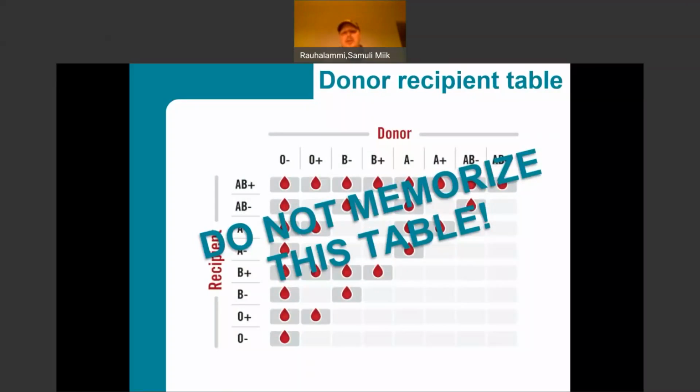Sometimes my students are really eager and go through the trouble of memorizing these. Please don't do that. Don't make your life more difficult than it has to be. What you have is me to help you avoid that. So rather than memorizing a table, we'll learn how to understand the table.